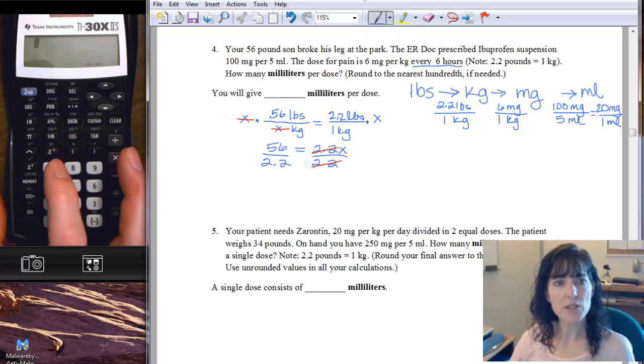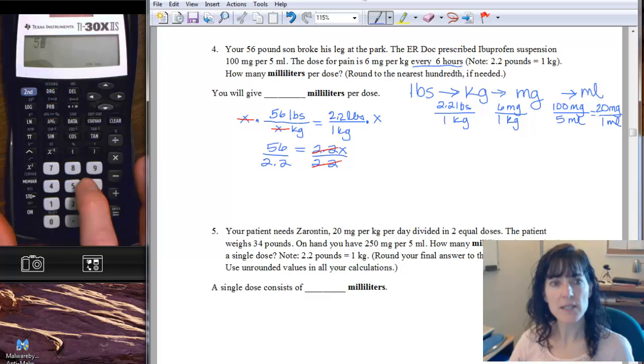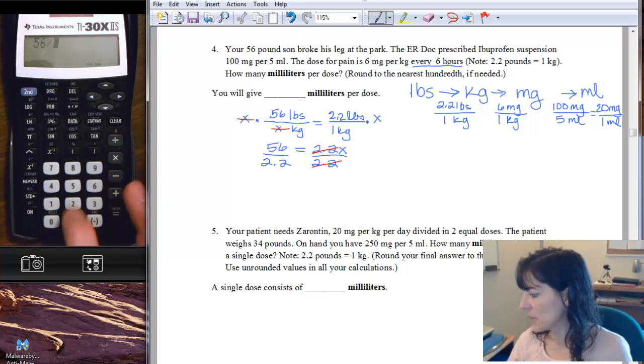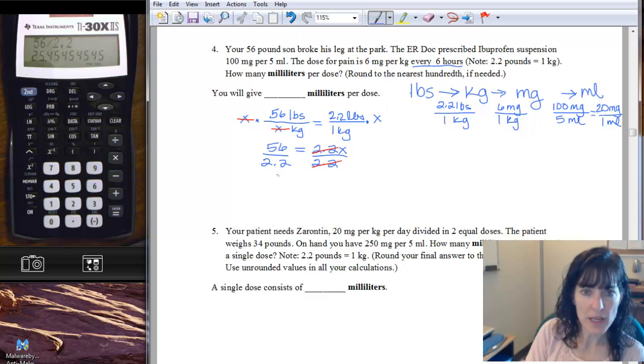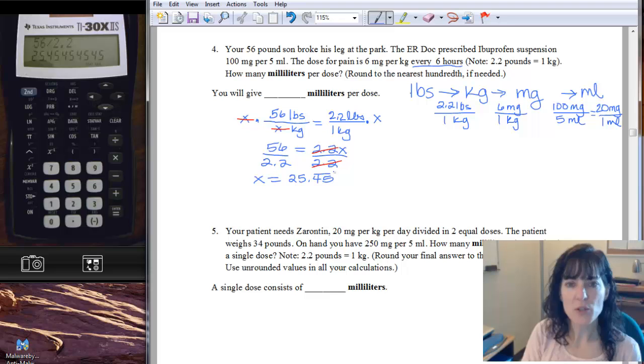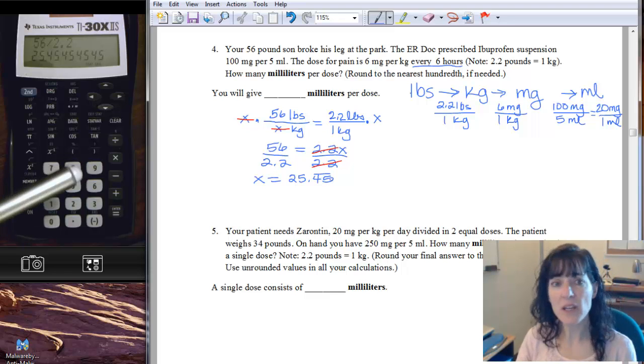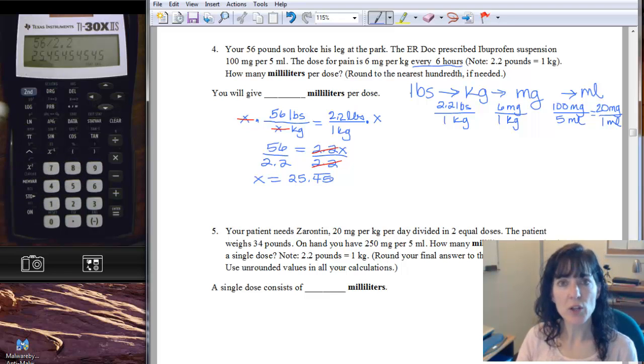So let's plug that into the calculator. It's 56 divided by 2.2, and so I get x equals 25.45, and you can see the 45 repeats. So I'll just put it with a line, but I'm leaving it on my calculator so I can use this value here in my next calculation.